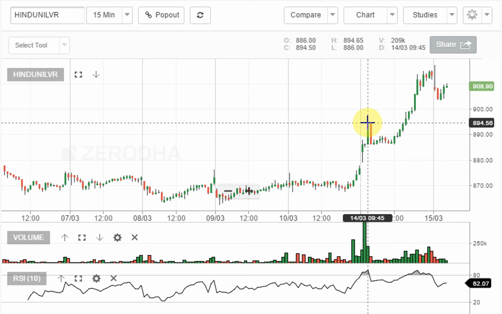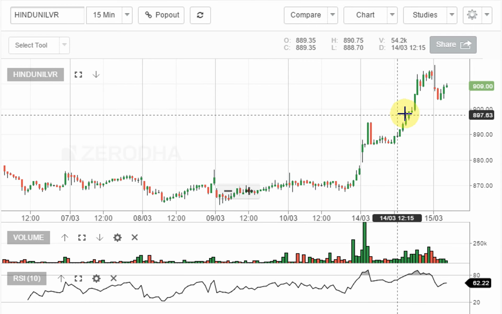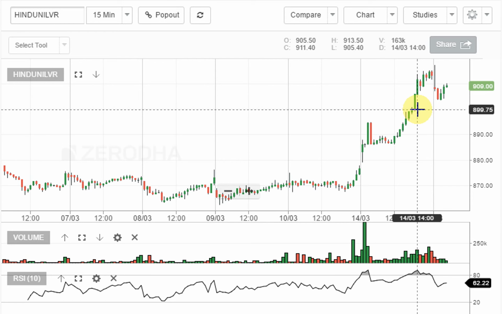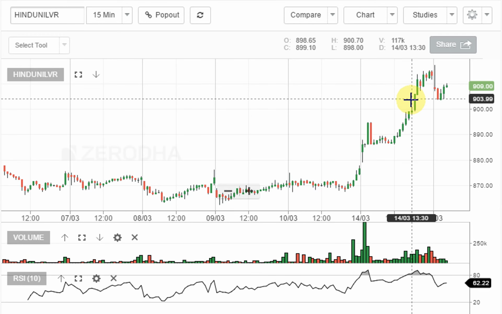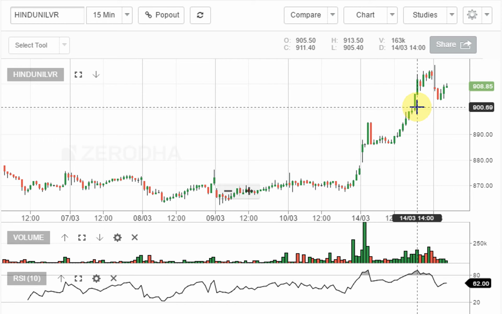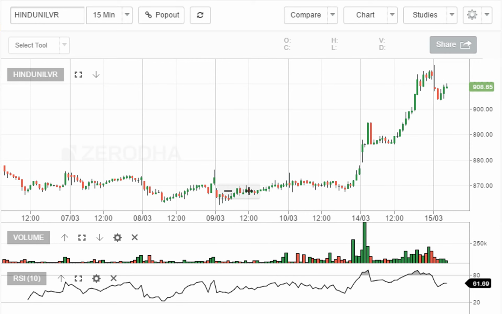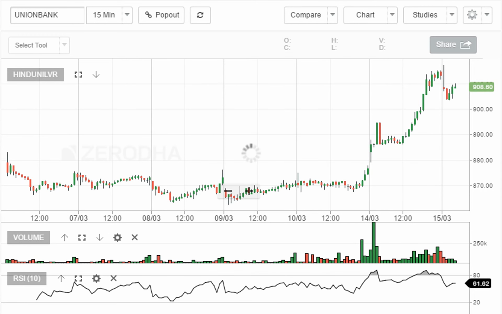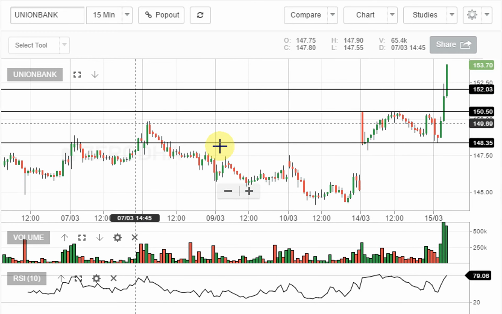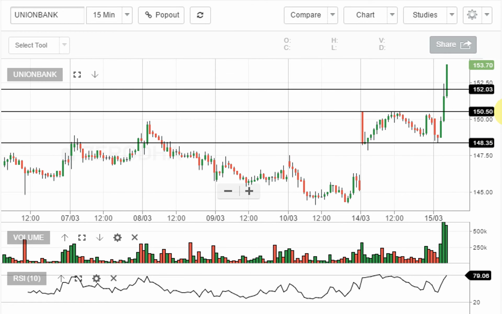Okay, not this one. Let's just go back. See this, 155. These are some kind of resistance they are facing. 154, 155 is the resistance. That resistance can be touched today, because the smaller resistance which the stock was facing here was already broken today.